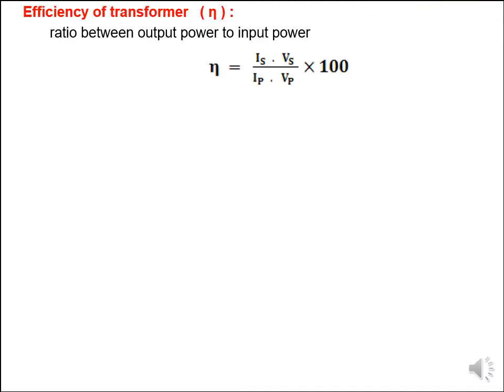Efficiency of transformer: the ratio between output power and input power. Eta, the efficiency of the transformer, is the ratio between the output power, I secondary V secondary, meaning the current through the secondary coil multiplied by the potential difference across the secondary coil, divided by the input power, the current passing through the primary coil multiplied by the potential difference across the primary coil, multiplied by 100.